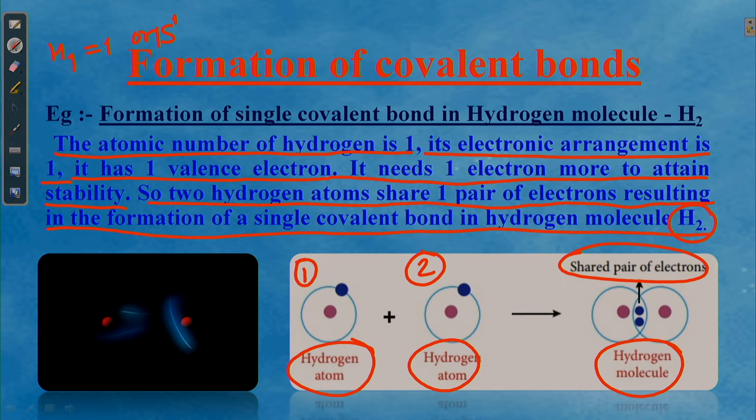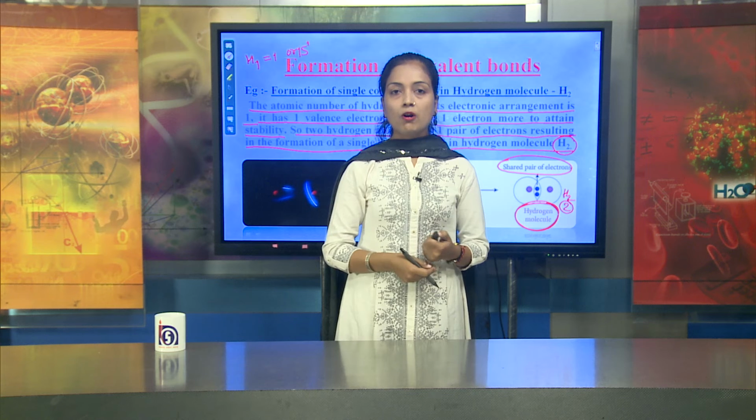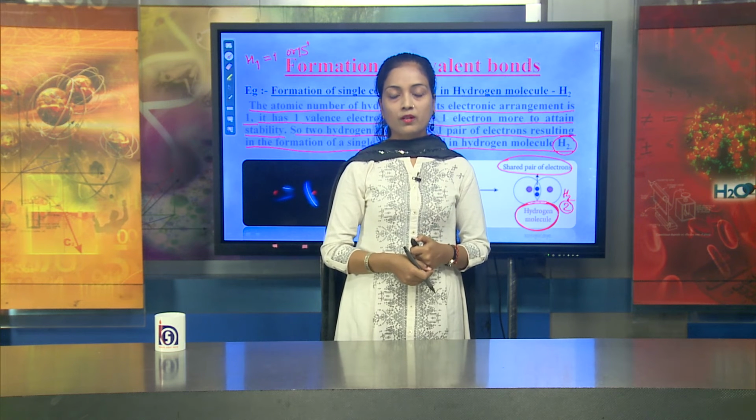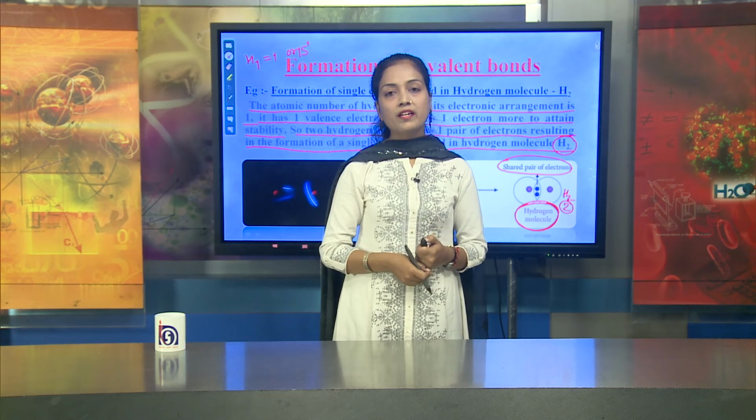So before making the bond, these are atoms, and after making the bond, it is known as a hydrogen molecule, that is H2. In their valence shell they have 2 electrons, that is why they are stable. If we talk about hydrogen and helium, the octet value is 2. Why? Because hydrogen and helium have only an s orbital.